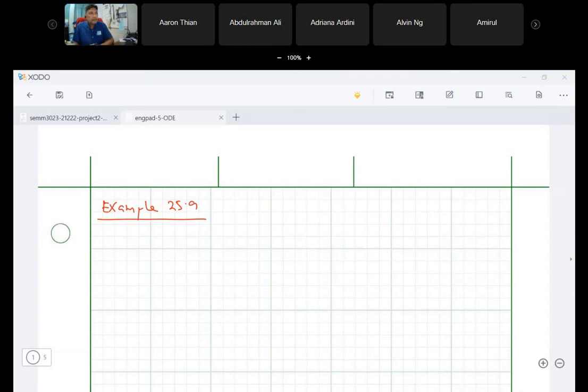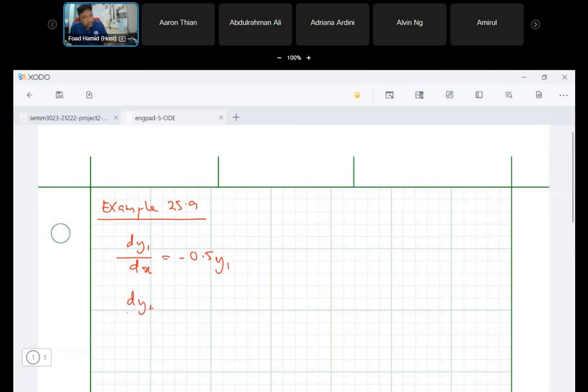Example 25.9, and the question is dy1 over dx is equal to minus 0.5 y1. Okay, this is one equation.